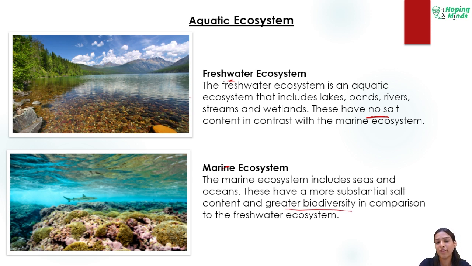So this is the main difference between a freshwater ecosystem, as we can see here. This could be a pond, a lake, a river, but here we can have a sea, an ocean. These are salty and have more life because salt is again a nutrient, and this nutrient will support a greater biodiversity.